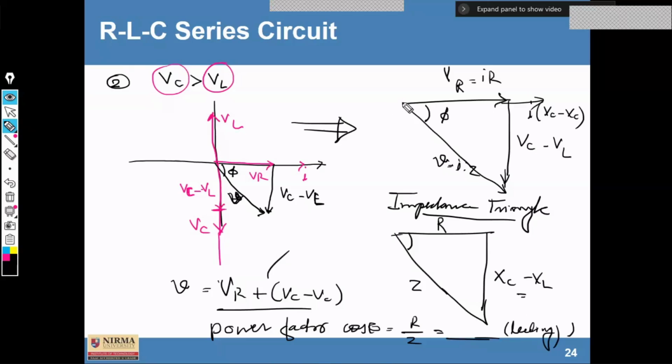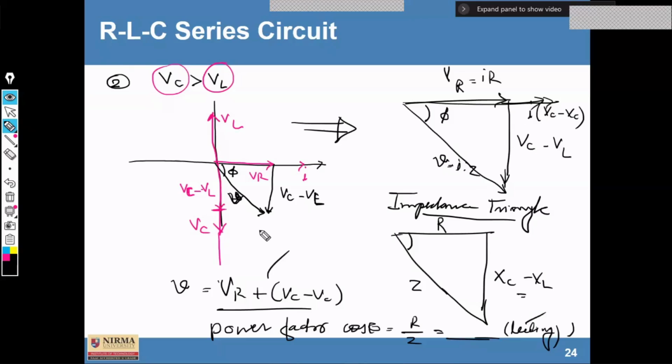The horizontal vector is considered as the current, and the current will be your reference vector, and with reference to it the net voltage is in a lagging condition, so we write leading for the power factor.